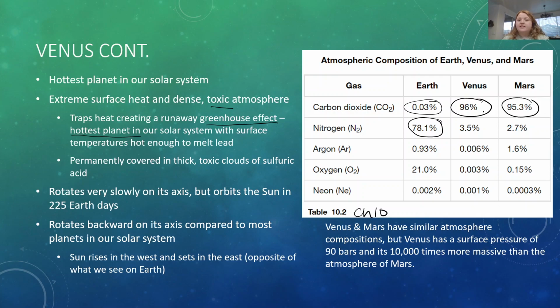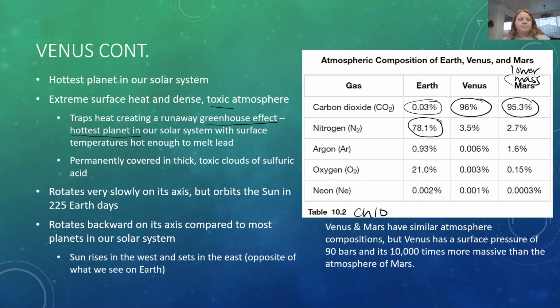So Venus and Earth are very similar in mass, but Mars has a much lower mass than Venus. Okay, so that is going to be a huge difference between these two, and we'll look at Mars in a little bit.